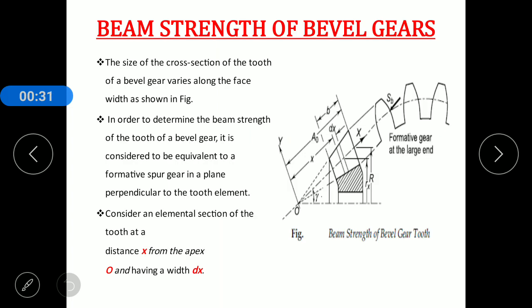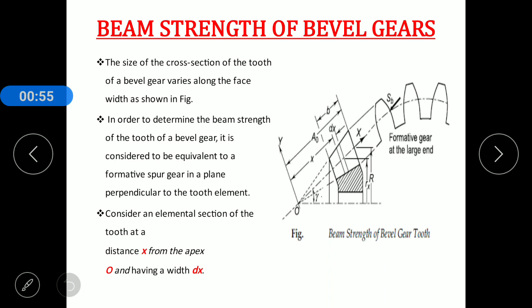Everyone, carefully observe the figure which is shown on the screen. Here we show the half portion of a bevel gear, and at the larger end we create a formative spur gear or imaginary spur gear.